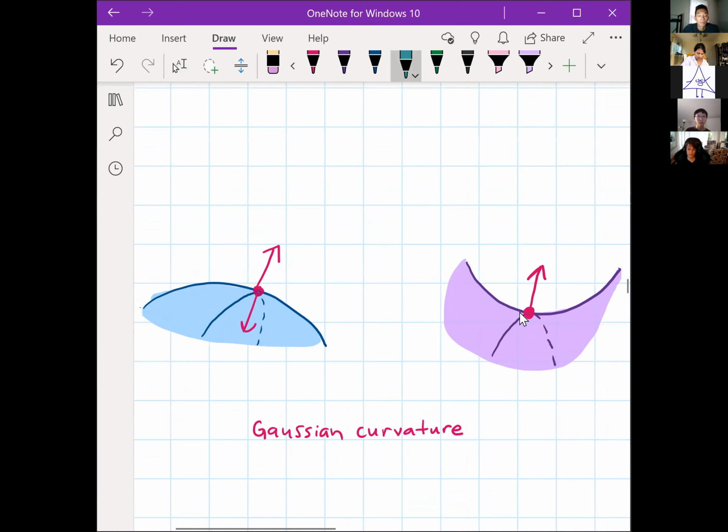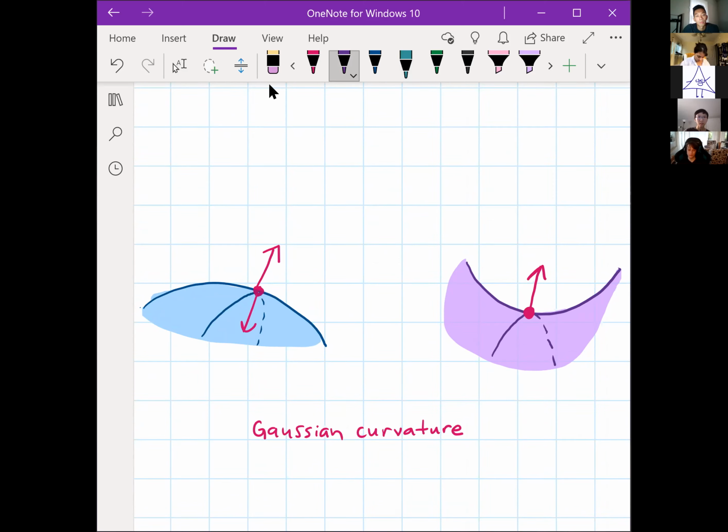We look at all of these curves going through some point, and we can define an orientation for the curve, like a sign, a plus or minus sign. The idea is we pick some direction for the normal vector. It can either be pointing up or down in this case.